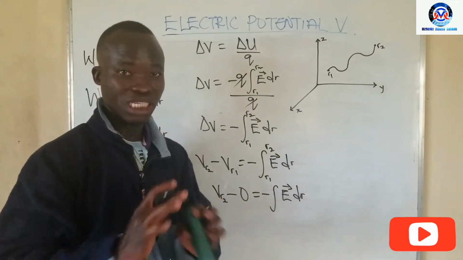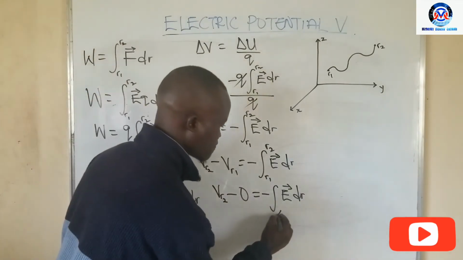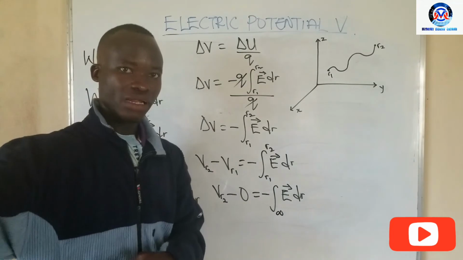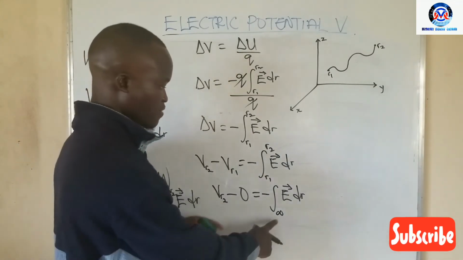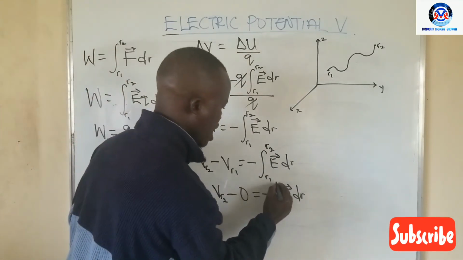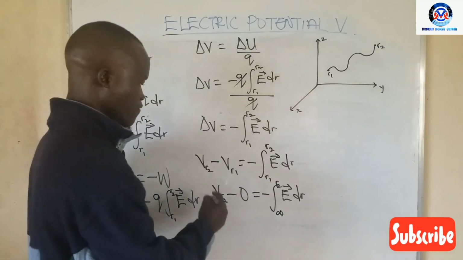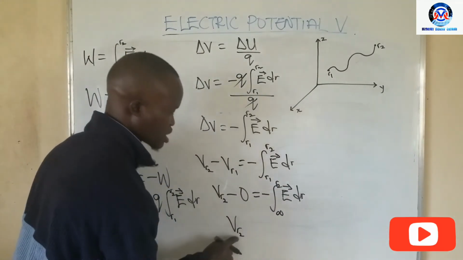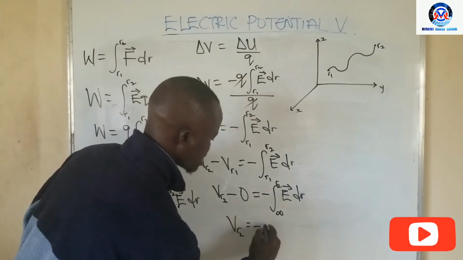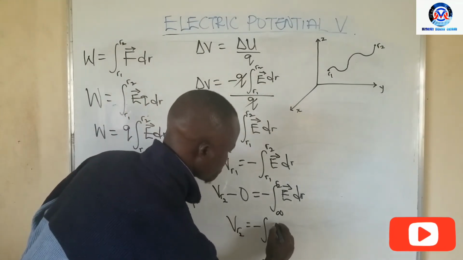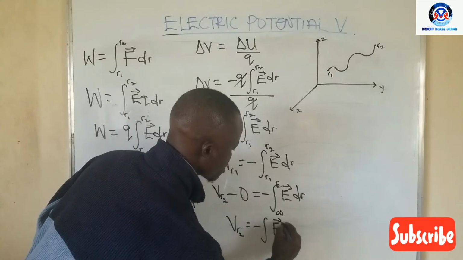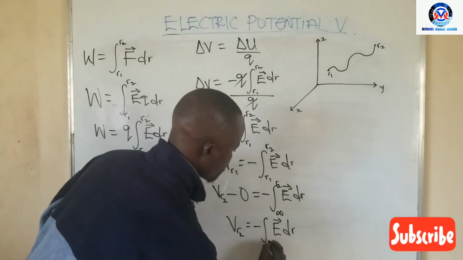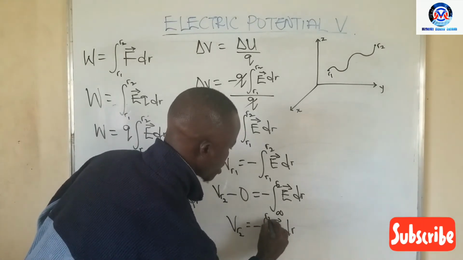The point can be any point, so we say it is infinitely far, from infinity to R2. So finally the potential at point R2 is negative integral of E dr from infinity to R2.